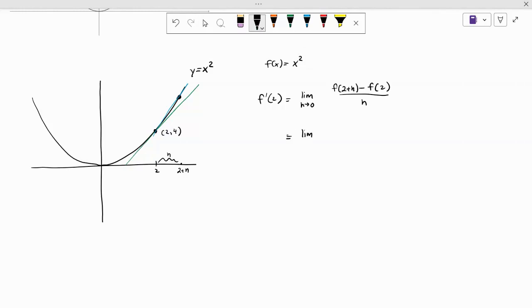All right. Well, our function is x squared, so the argument of our function there is 2 plus h, so it's the argument squared minus the function, that's 2 squared, divided by h. You can try to evaluate the limit directly as much as you want.